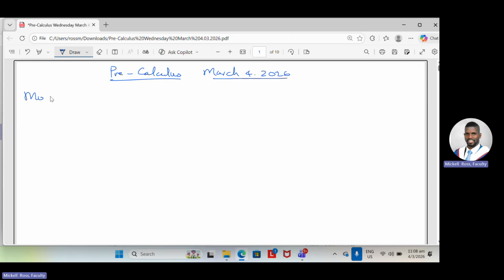So we are on module 2, and the focus is going to be on exponents and logarithms.